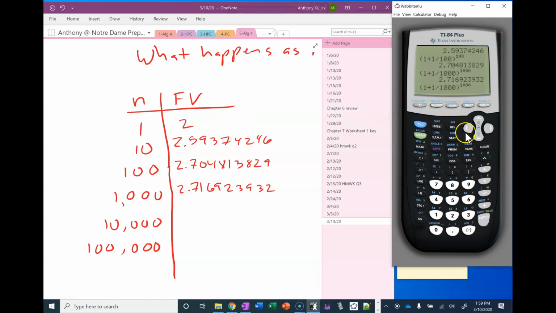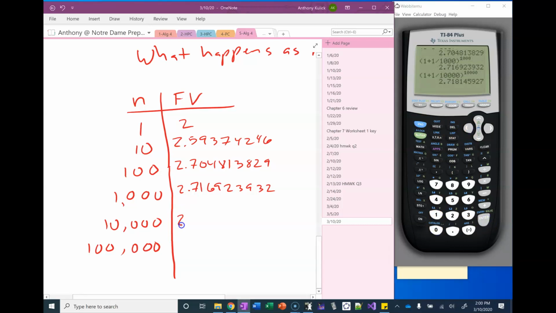When we plug 10,000 in, we get 2.718145927. Let's take a little bit of a pause here. So, in general, what would you say is happening to FV as n gets larger? It gets larger too, right?